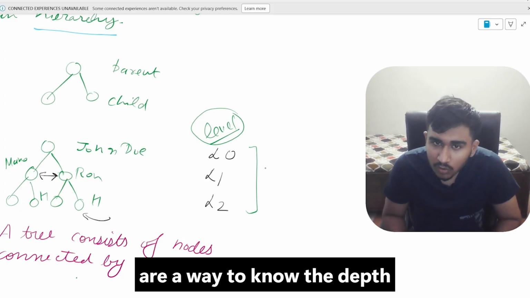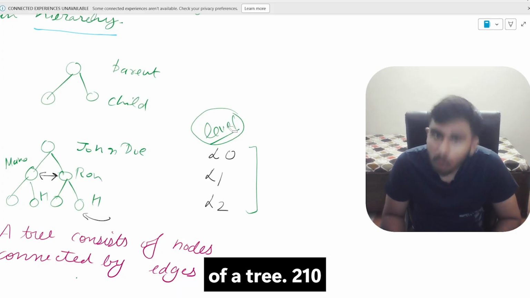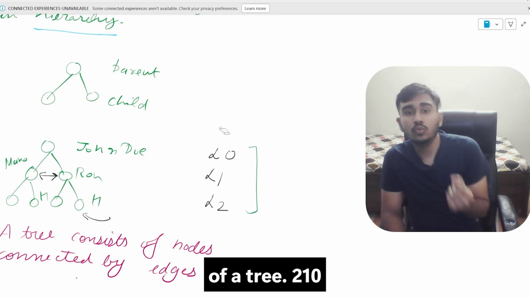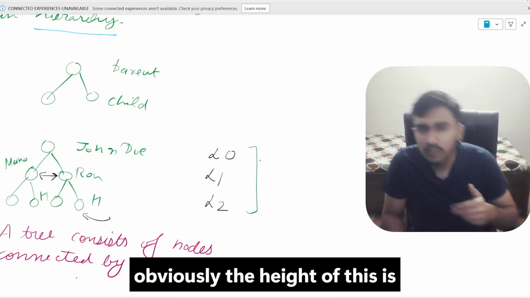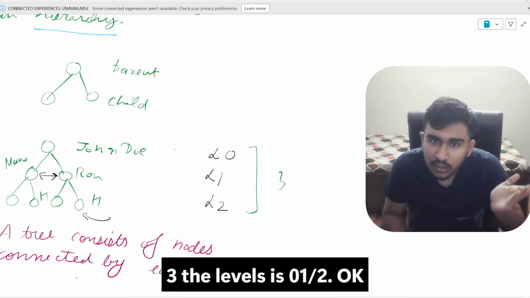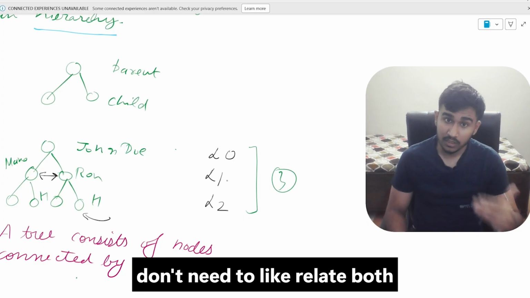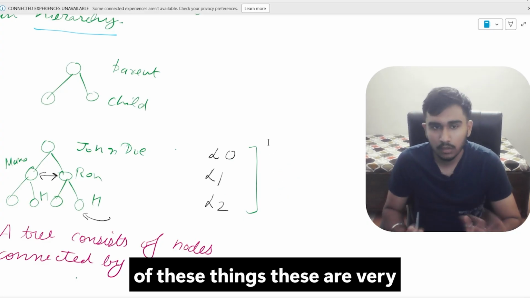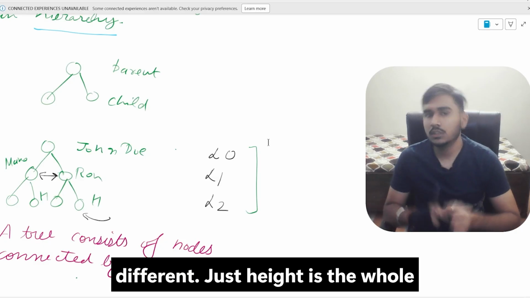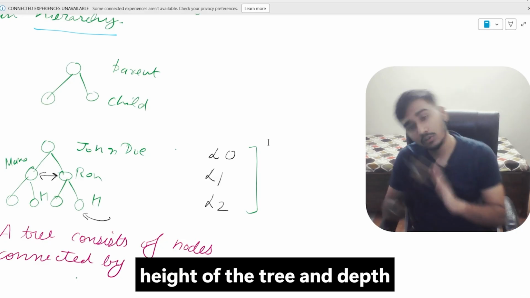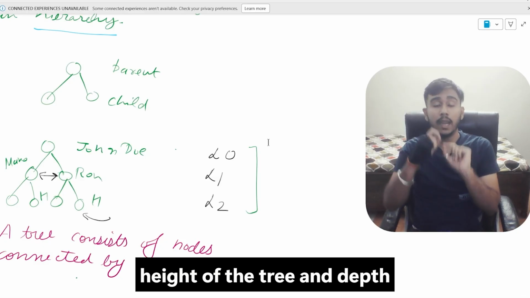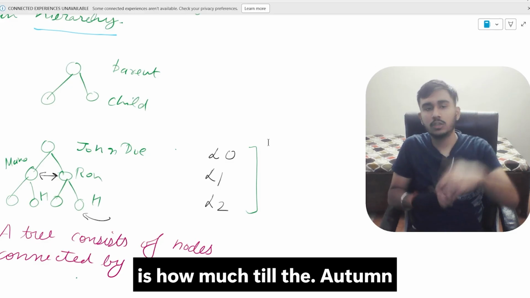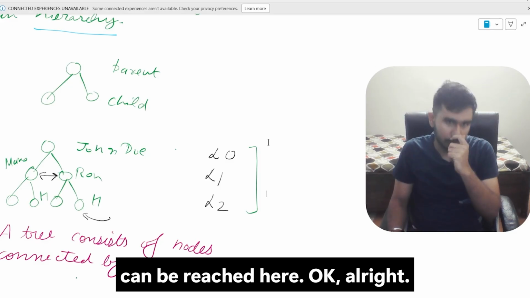Levels are a way to know the depth of a tree: 2, 1, 0. Obviously, the height of this is 3, and the levels are 0, 1, 2. Don't relate both of these things; they are very different. Height is the whole height of the tree, and depth is how far toward the bottom we can reach.